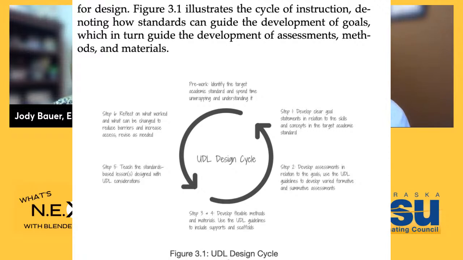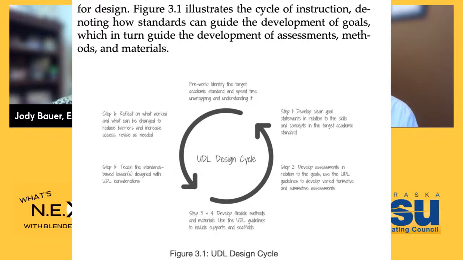And what I really like about this, if you look at the cycle, it starts with pre-work, where you're identifying your target academic standards. Then it moves into developing clear goals around those standards. Then it moves into developing your assessments that you're going to have students do in relation to the goals.